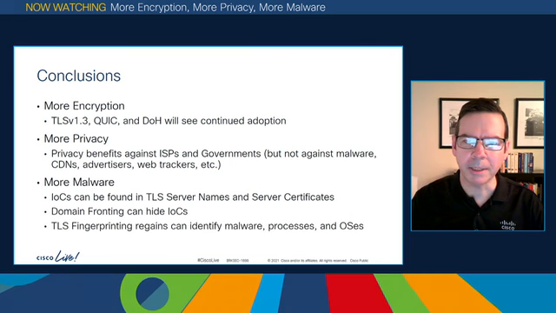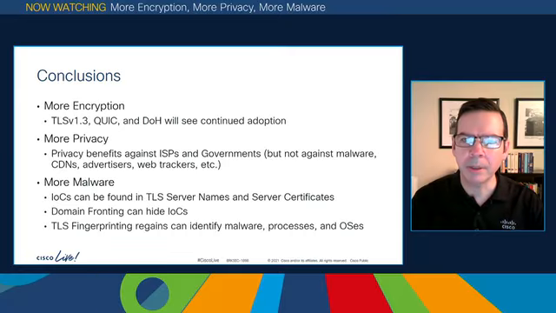The high level conclusions are that we are going to see more encryption from these new standards, and there's a lot of positives in that. There's more communication privacy against ISPs and governments and other network snoopers. But there's a downside as well, which is that malware can use these new encryption standards to hide its communication as well.